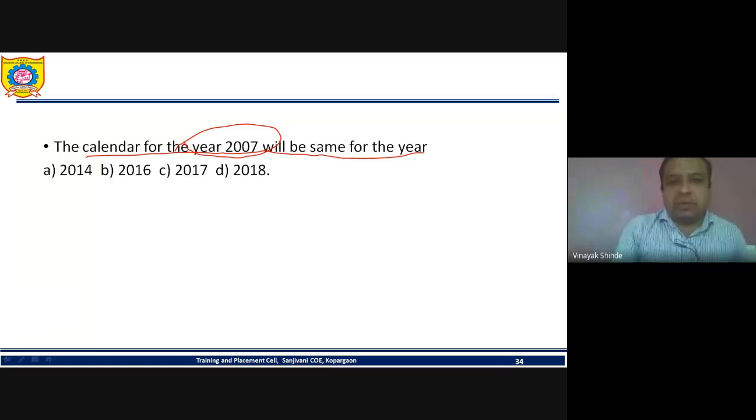So as I told you, you go on finding out the odd days for every year, and then you add all those odd days, you should get the addition which is equal to 7 or 14 or 21.